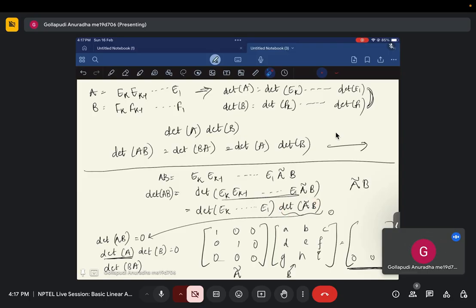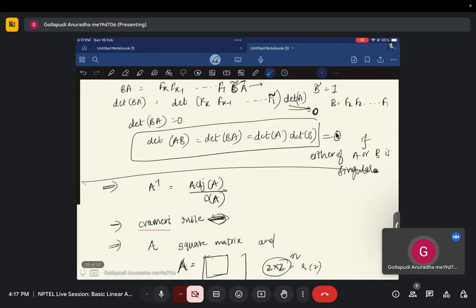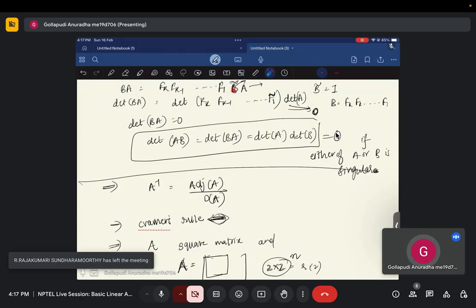So if either of A and B is a singular matrix, say A is singular, then determinant of AB will be equal to 0. And similarly for BA, I can write B as a product of elementary row operation matrices, f_k minus 1 down to f_1, and this is anyway the identity matrix because B is non-singular. Determinant of BA equals determinant of f_k minus 1 to f_1 times determinant of A, pulling the elementary row operations outside.